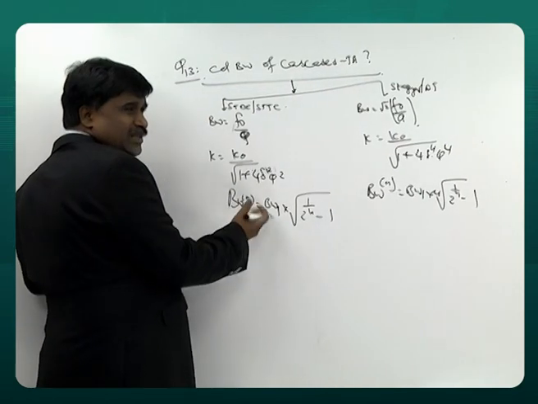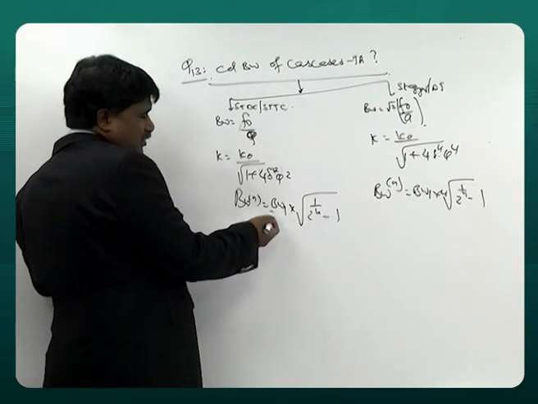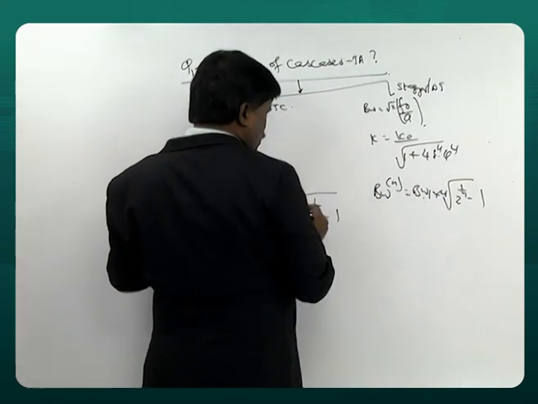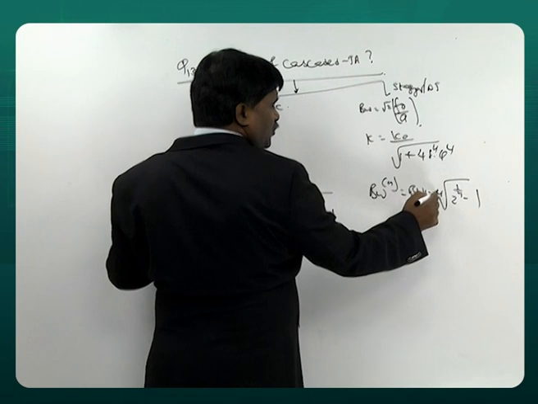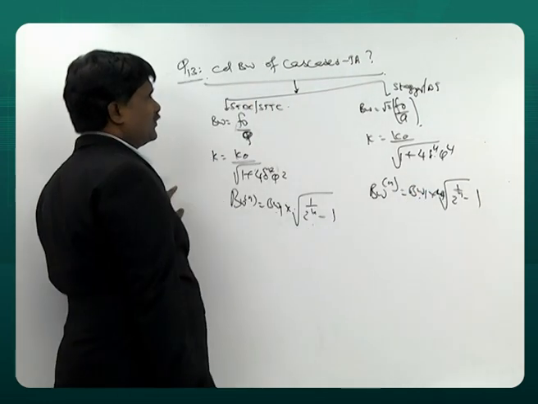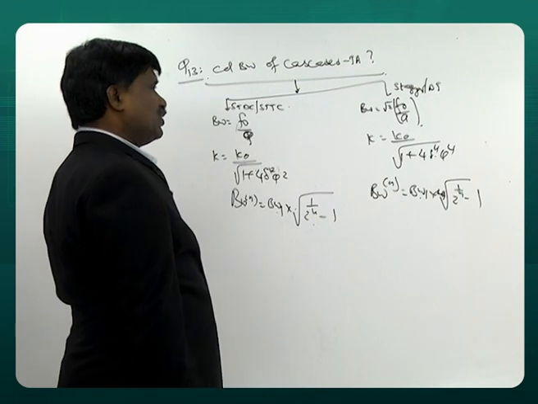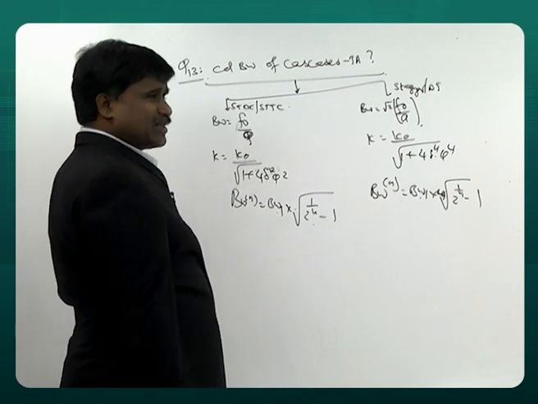So, this is the question they are asking. For n stages, single stage bandwidth multiplied by this. This is root 2, this is fourth root. That's how the bandwidth is affected in different tuned amplifiers.